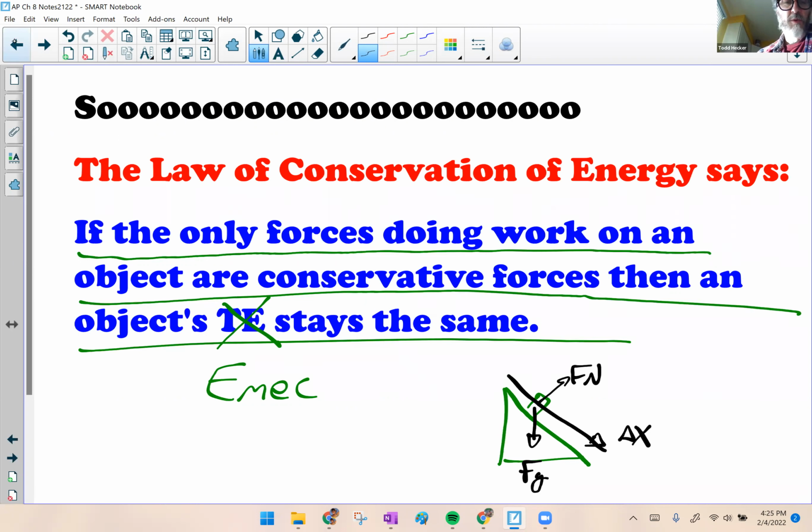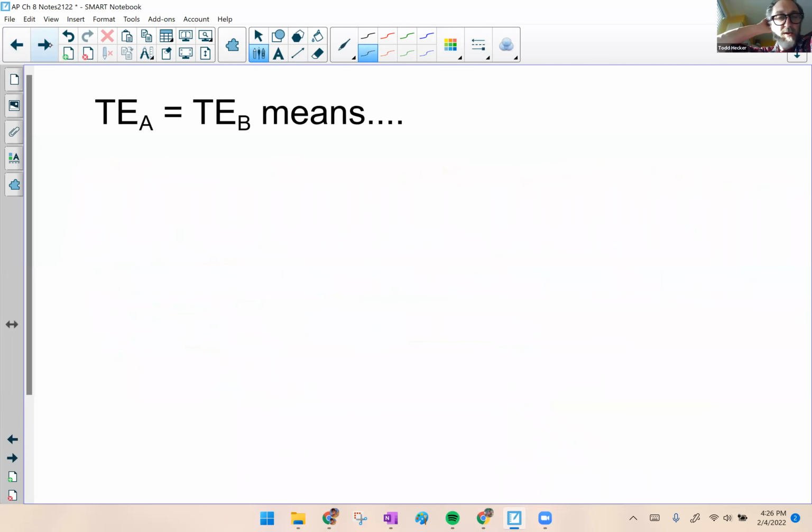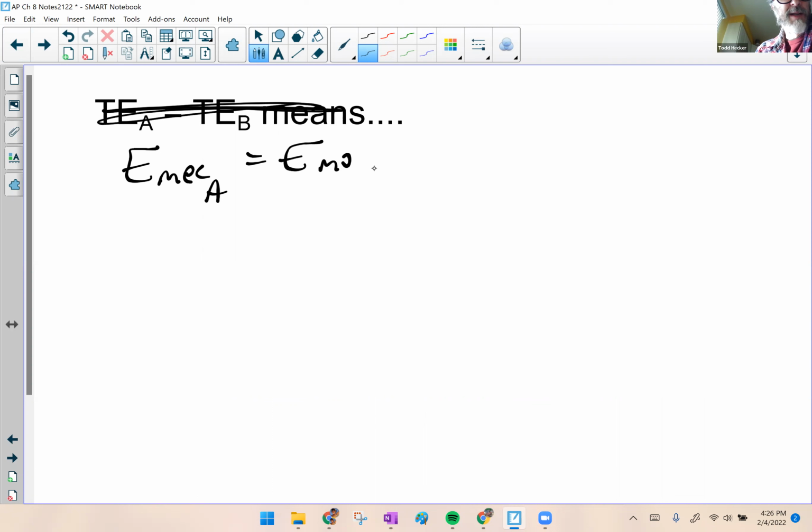As long as the only forces doing work on an object are conservative, the total energy stays the same. Again, every time I say total energy, I really mean mechanical energy. Suppose we've got a conservation of energy problem where our mechanical energy doesn't change, so our mechanical energy at point A is equal to our mechanical energy at point B. We did a ton of these problems in honors physics.